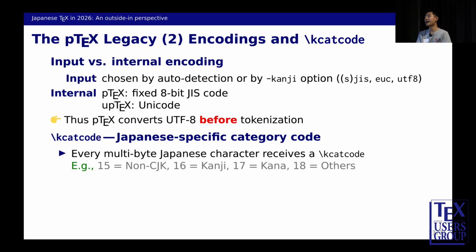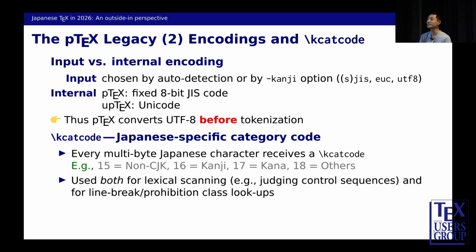And another burden is KCAT code, which stands for kanji cat code. This is a Japanese-specific category code, as you can easily infer. These KCAT codes are applied to every multi-byte Japanese character, and the semantics are shown in this short list.